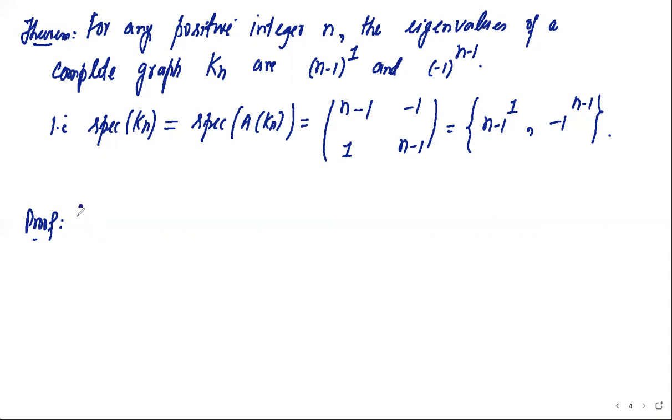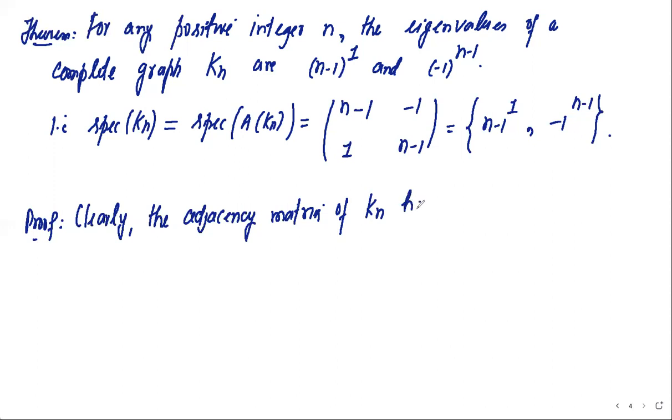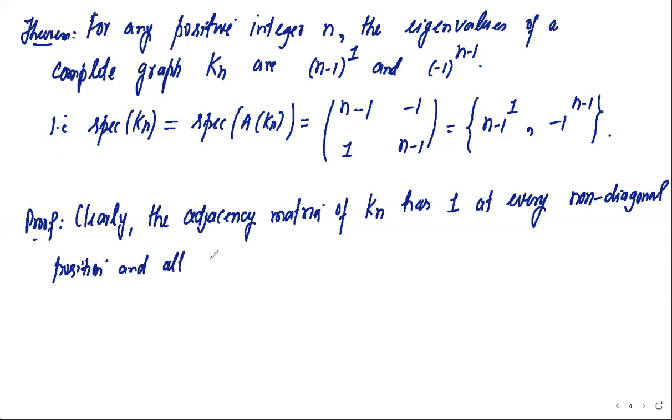So clearly, the adjacency matrix of Kn has 1 at every non-diagonal position, and all diagonal entries are equal to 0.